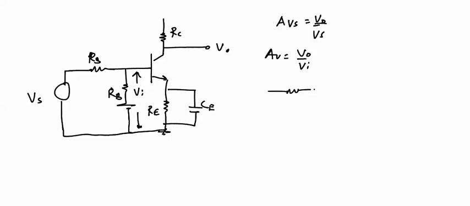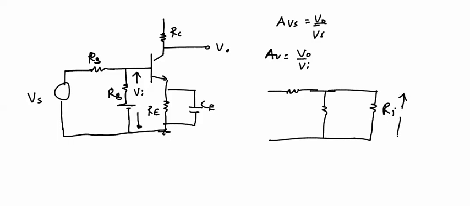Now the transistor circuit given in the problem can be replaced by this circuit. We have replaced this transistor with this input resistance Ri, and the voltage across this will be equal to Vi.